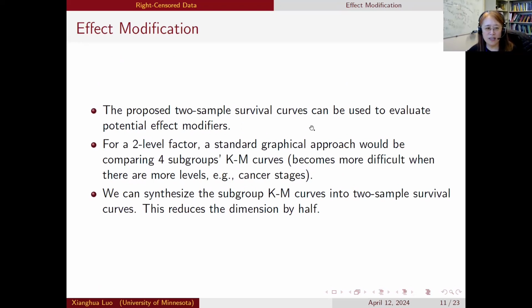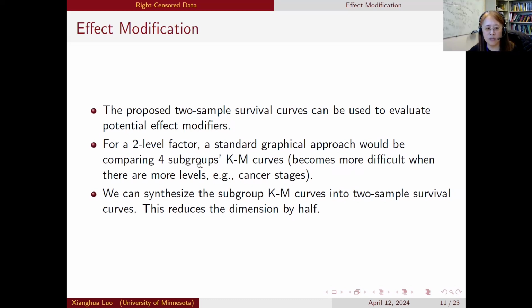So in addition to visualizing treatment effect, we also found that the proposed method can help with detecting potential effect modifiers. For example, the simplest case would probably be the two-level case, right? Suppose you have a covariate with two levels. A standard graphical approach would be comparing, say, two levels per treatment arm.